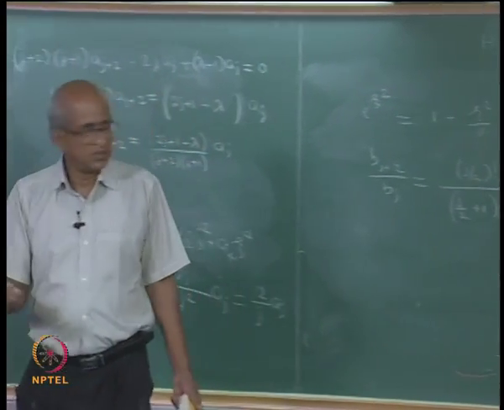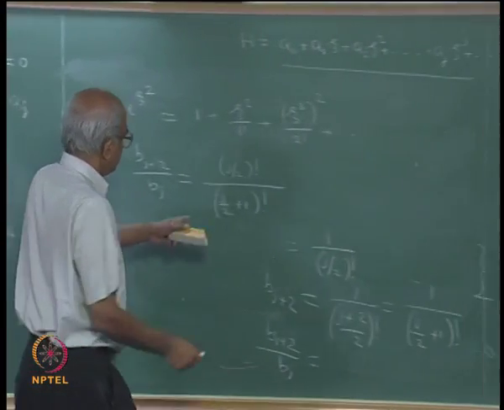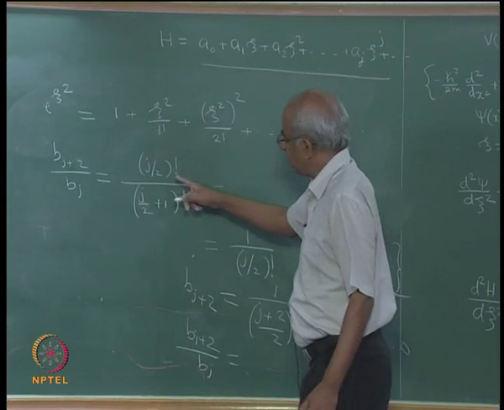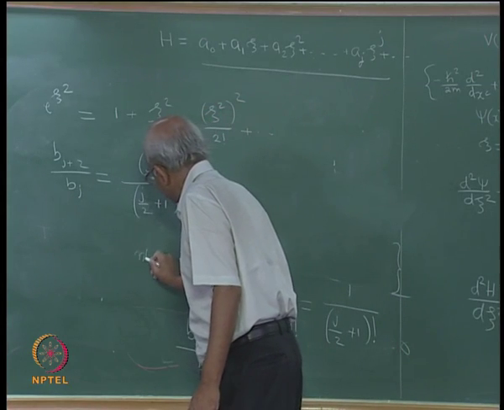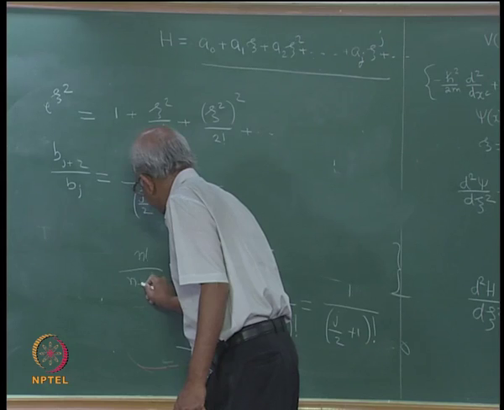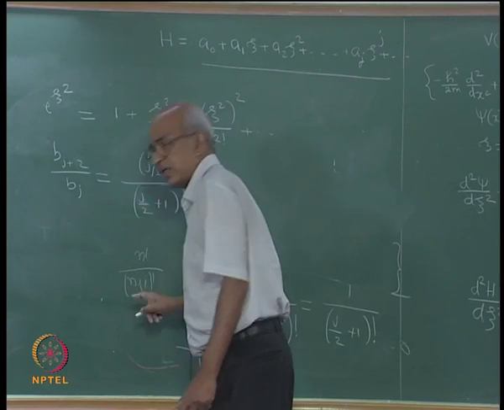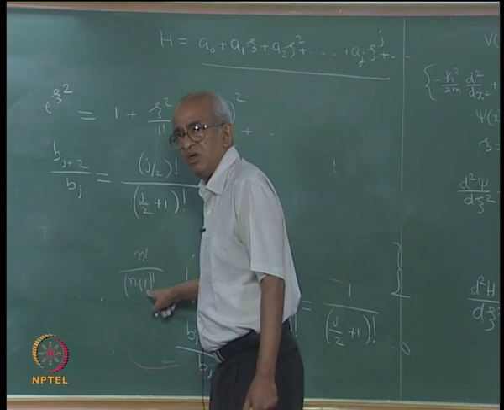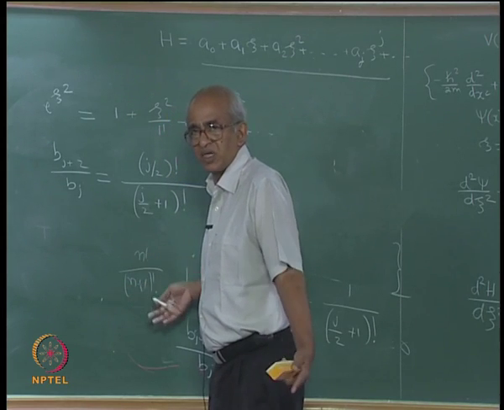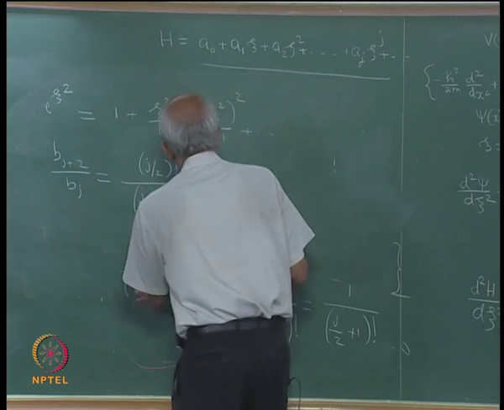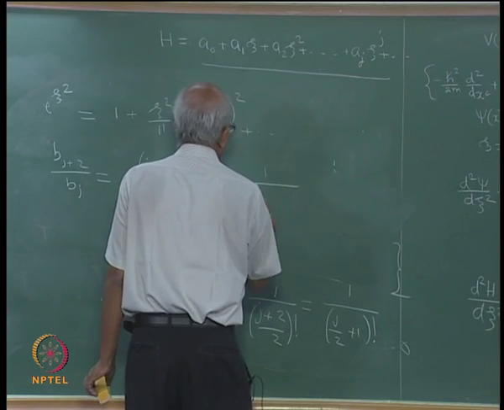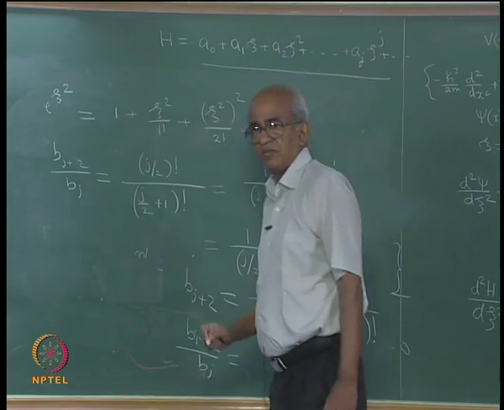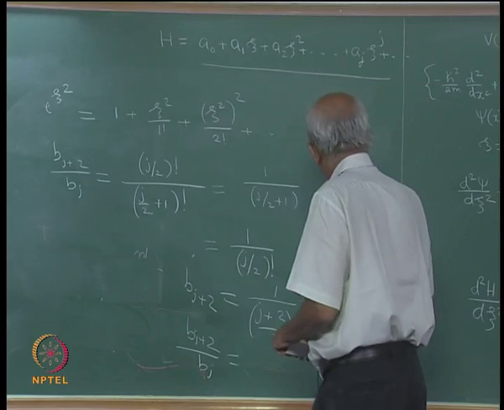That is all. And this is very easy to simplify. It is of the form some number n factorial divided by n plus 1 factorial, and the answer is 1 by n plus 1. So, this will just become 1 by (j by 2 plus 1). That is all, very, very simple.